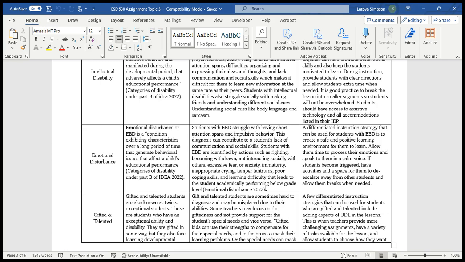Our last category is gifted and talented students, which is also known as twice exceptional students. These are students who have an exceptional ability and a disability.